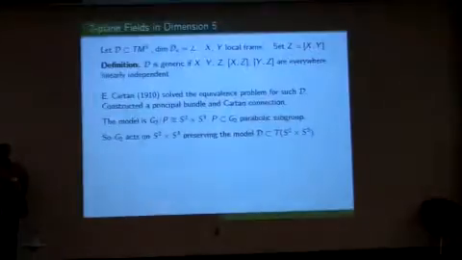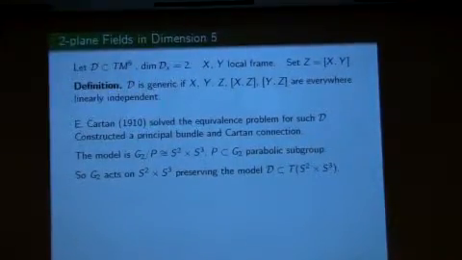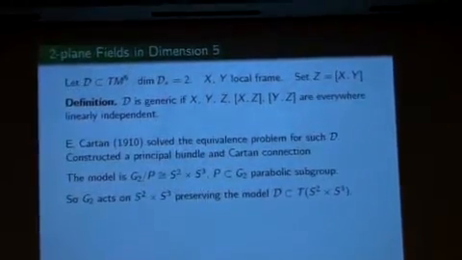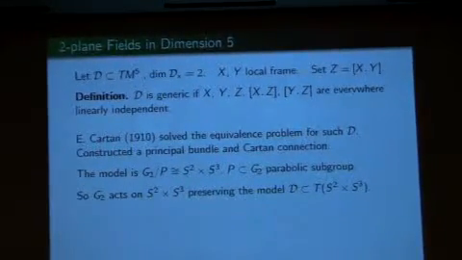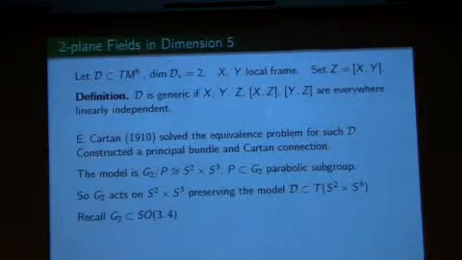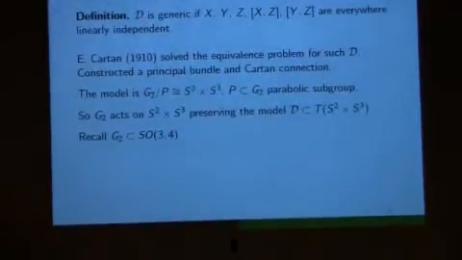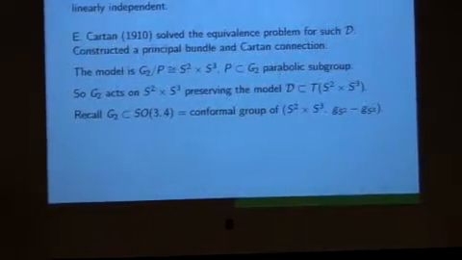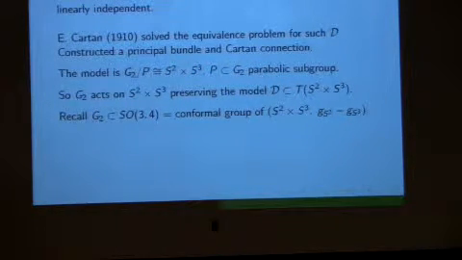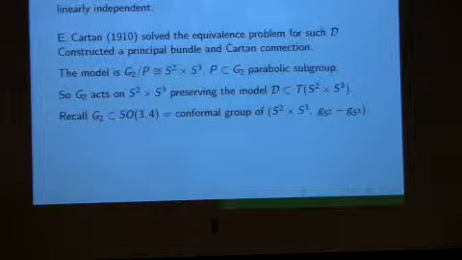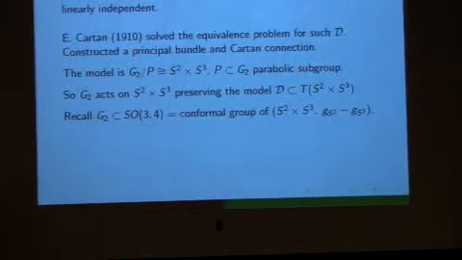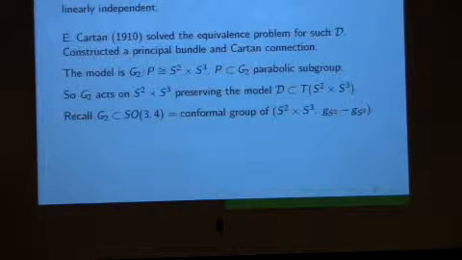Just a moment. Okay, so I'm not going to write down this distribution on S2 cross S3, but I will tell you what the action of G2 on S2 cross S3 that preserves it is. In fact, you already know that if you were paying attention to Mike's talks. So recall G2 is a subgroup of SO(3,4). That was how we defined it. And SO(3,4) is the conformal group of S2 cross S3 with the metric on S2 minus the metric on S3. Mike was really talking mostly about positive definite signature, where you just have Sn and its conformal group was SO(n+1,1).